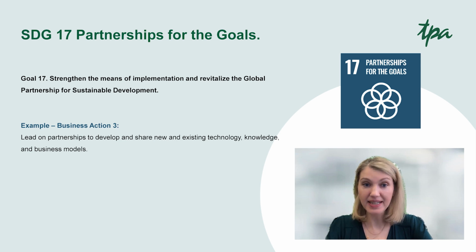Goal 17 is dedicated to partnerships between different stakeholders, including businesses and their different partners. Business action on SDG 17 states the lead on partnerships to develop and share new and existing technology, knowledge, and business models.